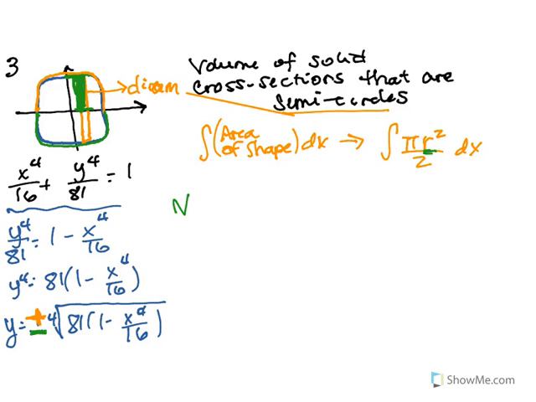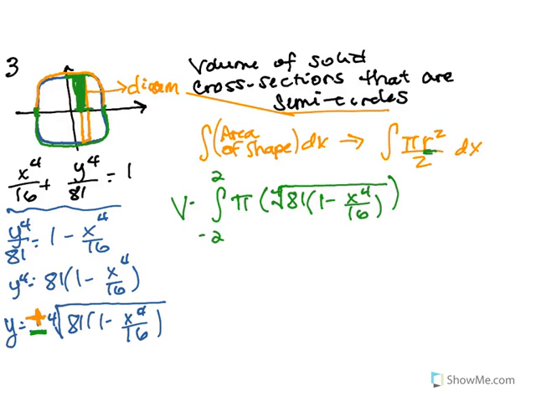So I'm going to write my integral. Volume is the integral from -2 to 2. Those are our intersection points over here, -2 to 2. Pi times r, which is going to be the positive 4th root of 81 times 1 minus x to the 4th over 16, that whole thing squared, and that gives me the whole circle, but I want a semicircle, so I divide by 2 dx.